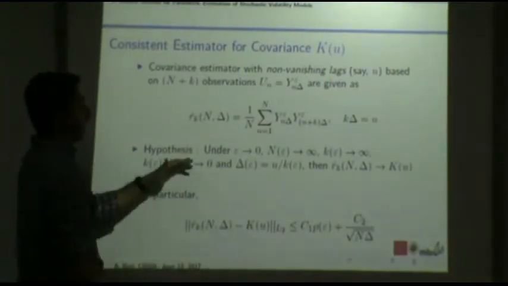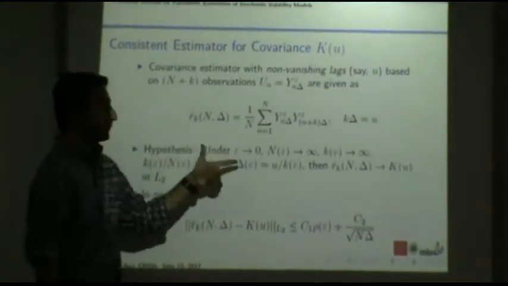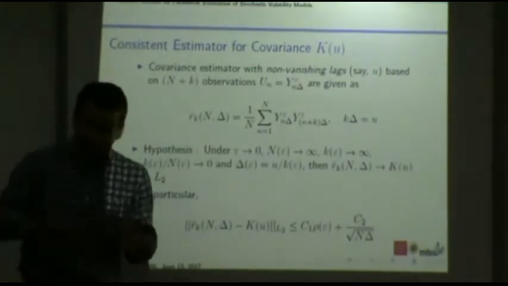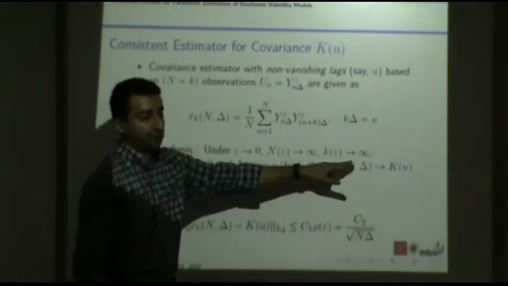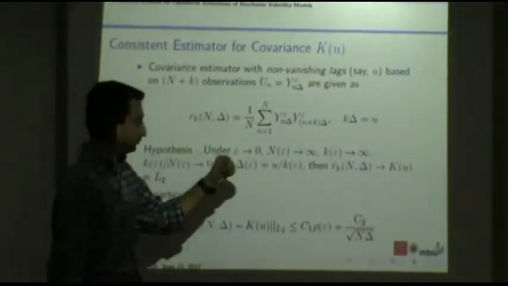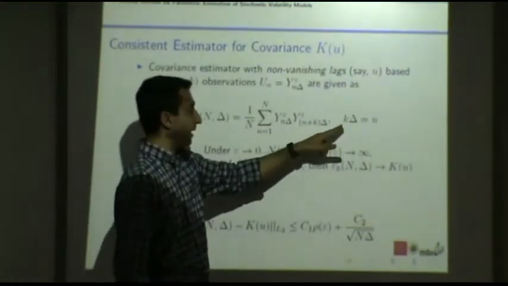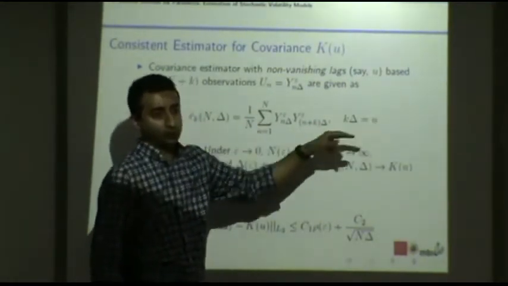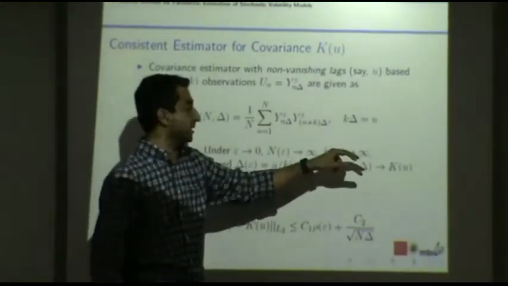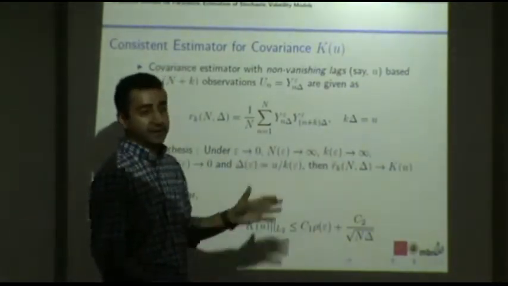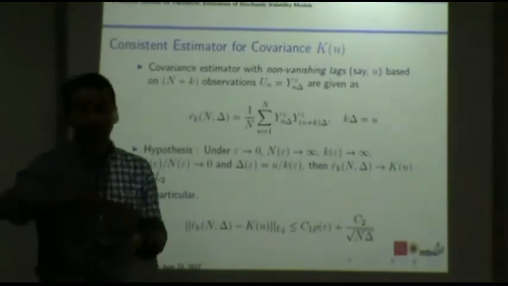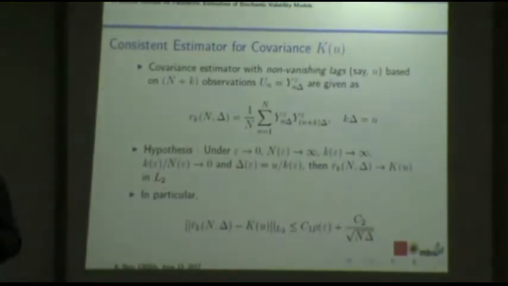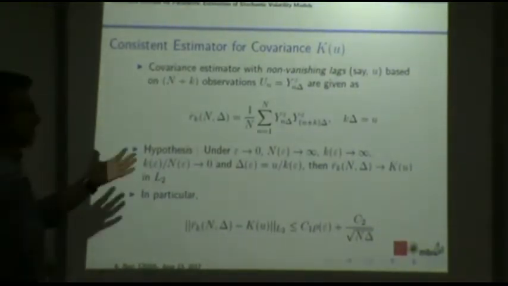Under the following hypothesis, as epsilon goes to 0, I have more observations, and here k epsilon is defined such that k delta equals u. I need k epsilon going to infinity at a much slower rate than n epsilon, such that the sampling time step length delta is chosen to be u divided by k epsilon.